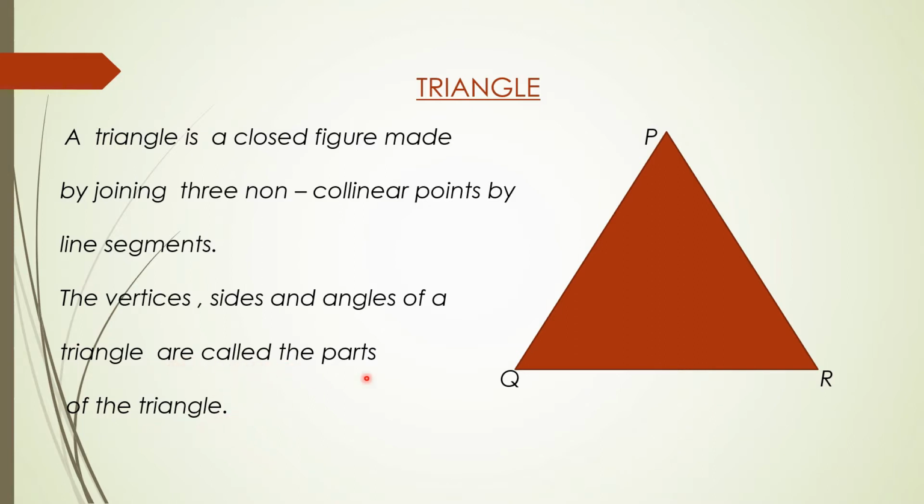Here the three vertices are point P, point Q and point R. The triangle has three sides and three angles. The three sides are segment PQ, segment QR and segment PR. The three angles are angle P, angle Q and angle R. These are called the parts of the triangle.